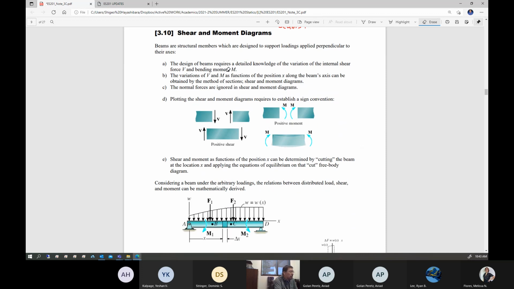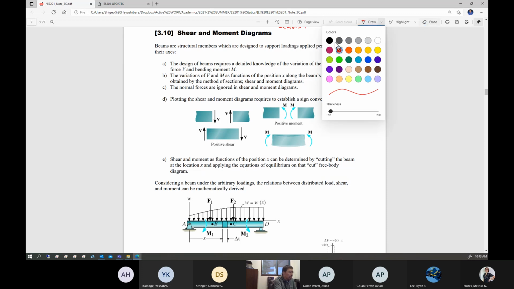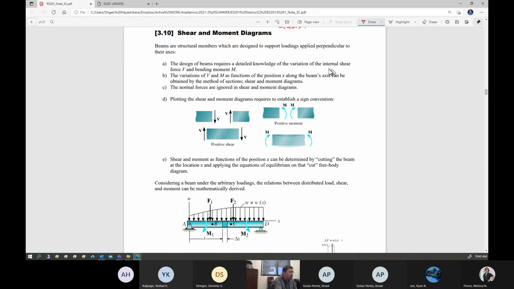The design of beams requires detailed knowledge of the variation of 2 things: internal shear force, which is V, and internal bending moment, which is M. In other words, how internal shear and moment distribute from this point to this point along the direction of X. How much shear do you develop here?